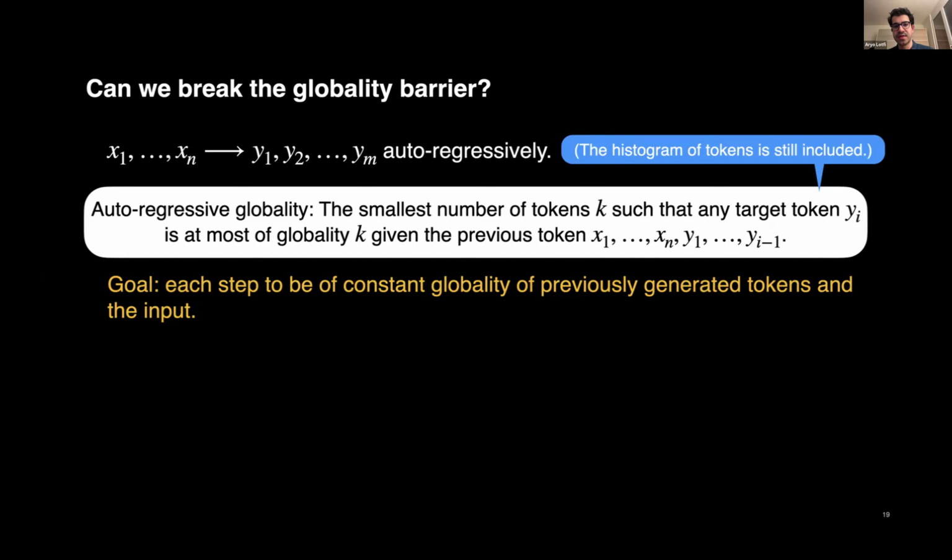So it's basically saying that each of these targets, y1 to ym, has a globality of at most k based on all of the previous tokens, which are the input and the intermediate scratchpad or chain of thought tokens generated so far. And based on the conjecture, to have efficient learning, which is polytime learning, we want each of these intermediate targets to be a constant globality function based on the previous tokens.